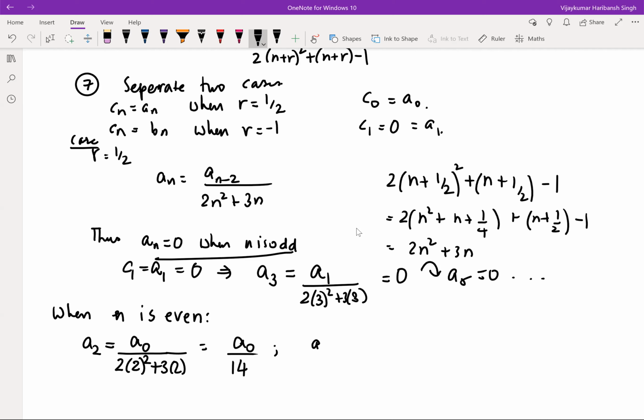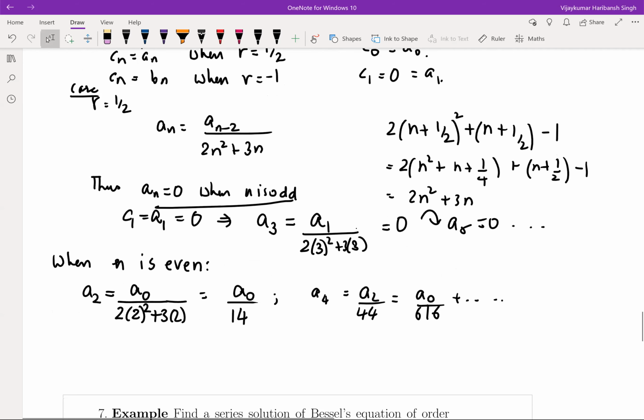Similarly, A4 is going to be A2 over 44, which is going to be A0 over 616, and so on and so forth. And A6 is going to be A4 over 90, which is going to be A0 over 55440. So what do we get?